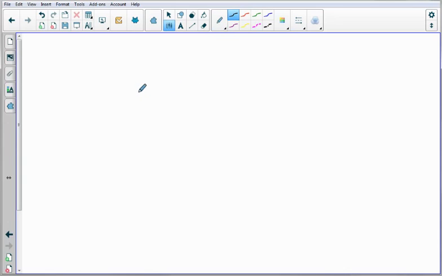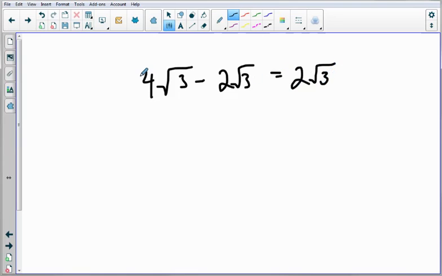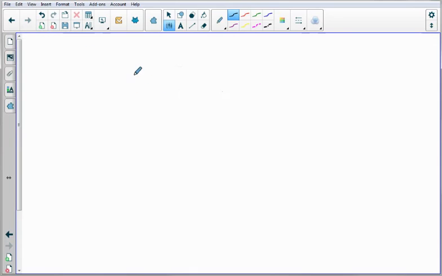So knowing that, it's actually not that difficult. Let's do 4 square roots of 3 minus 2 square roots of 3. Well, that's 4 of something minus 2 of something, and that equals 2 of that thing. 2 square roots of 3. Okay. Now, something I want to remind you of is if you have 5 square roots of 7, and then you have plus square root of 7, well, you don't see a number right there.